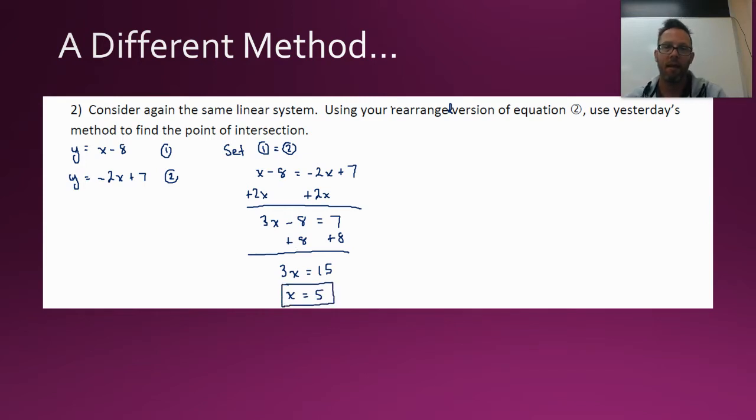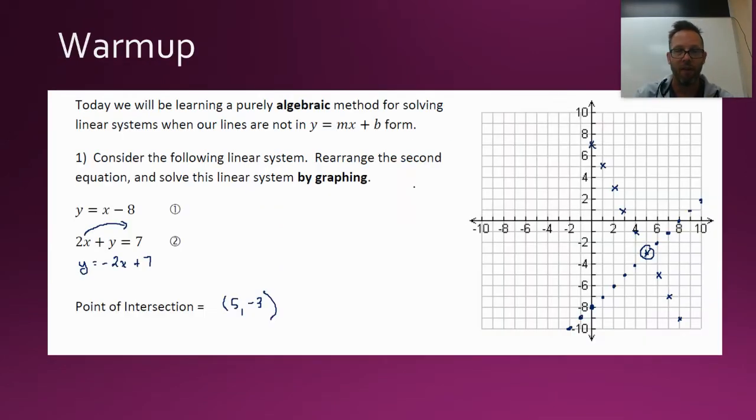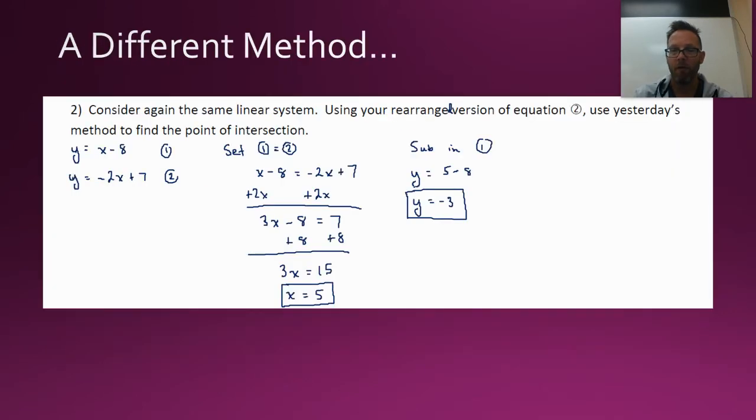And equation 1 looks easy to work with, so let's sub that into equation 1. y is equal to 5 minus 8, which is -3. So we get the same answer. We get the point of intersection (5, -3).